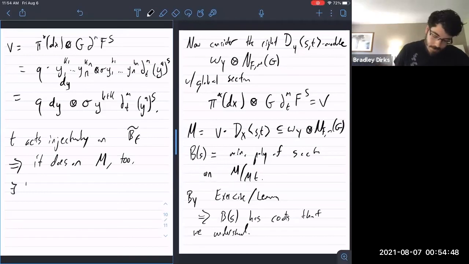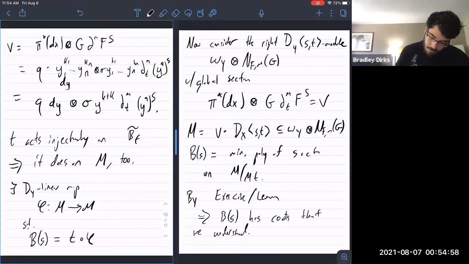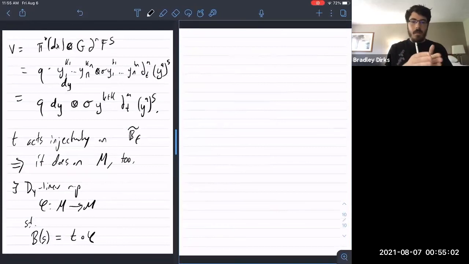That means there exists a D_Y-linear map from M to itself such that B(s) is equal to t times phi. Basically, when you apply B(s) to an element, it's t times something, and that something we call a function of that element.